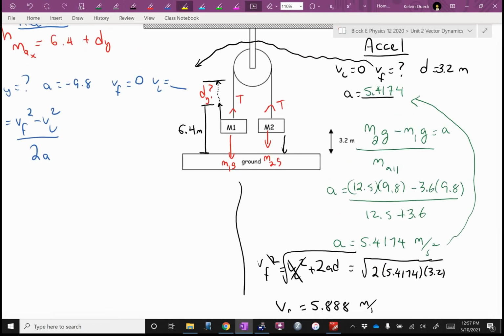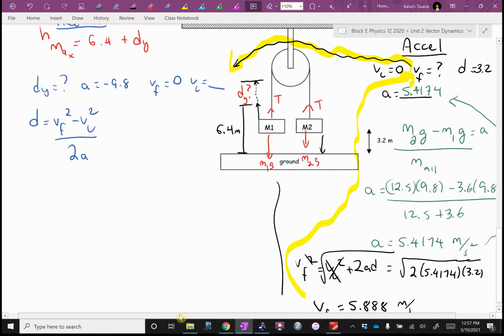So that VF is the VI at launch. So now I can fill in D equals 0 squared minus 5.888 squared, all over 2 times, and this acceleration, we are in free fall.